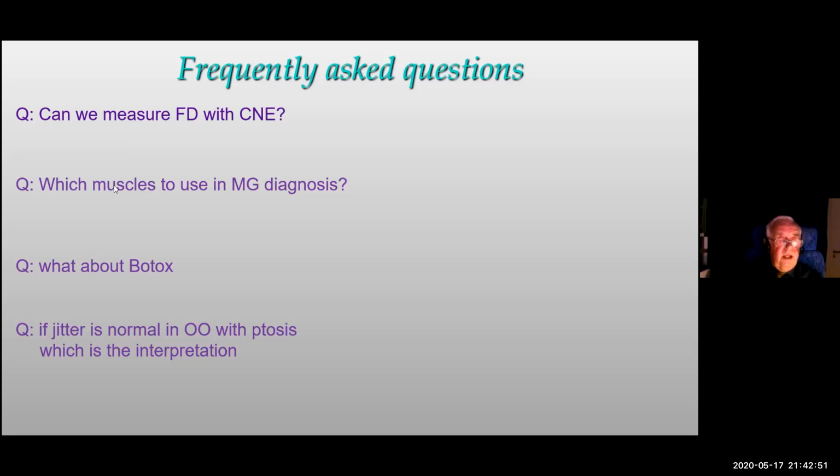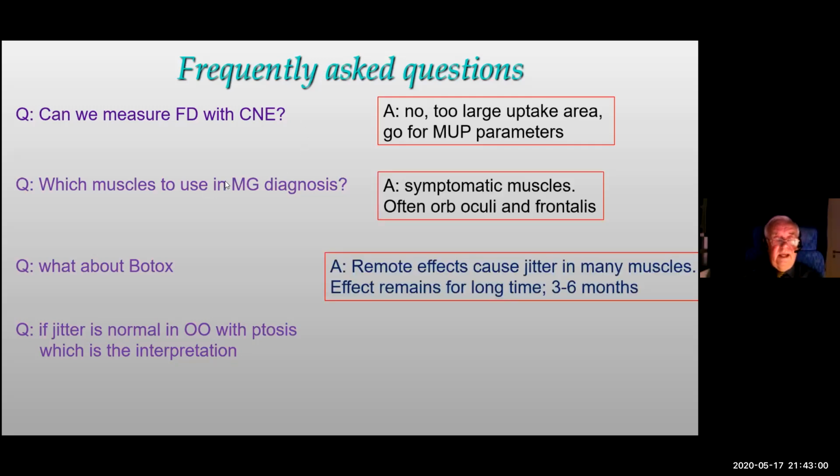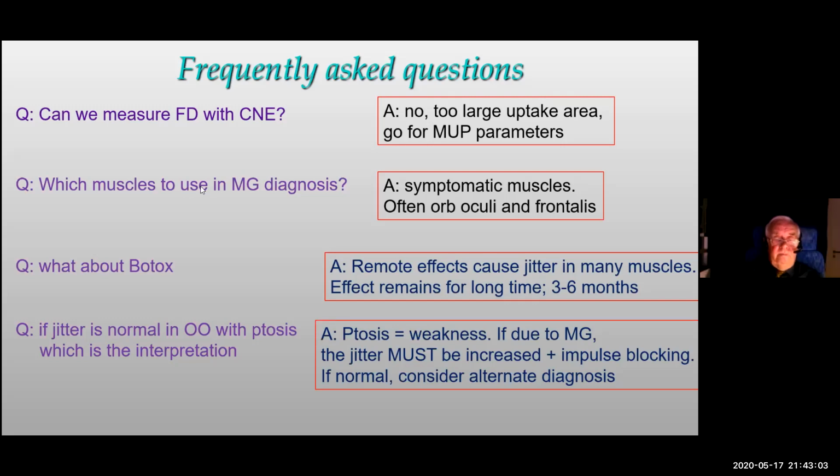Which muscle do we use for myasthenia? Well, here we go for symptomatic muscles.